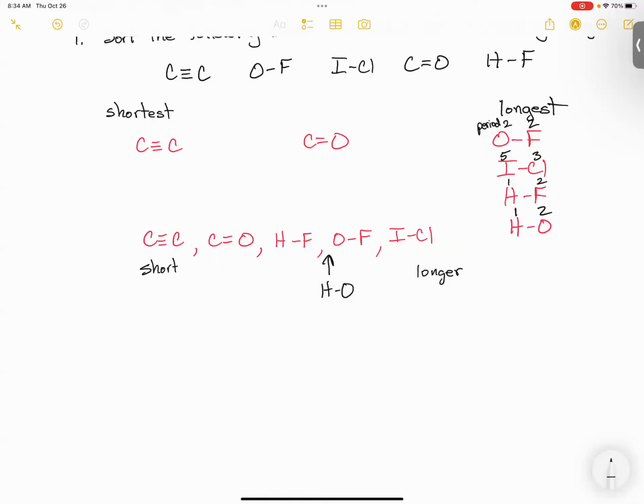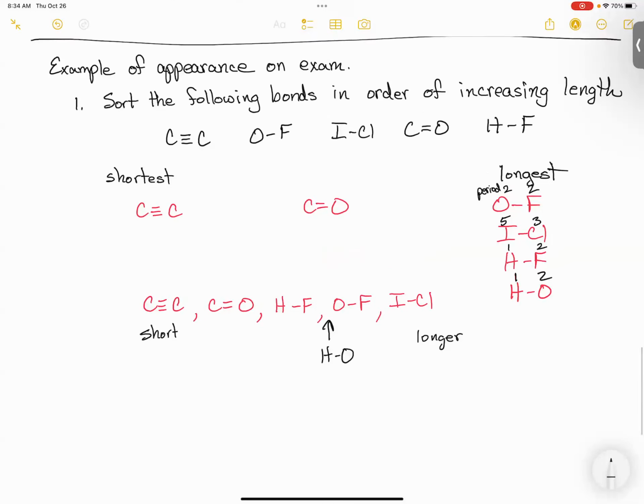Questions? Did that answer your question from previous? Yes. Now instead of length, I could have done strength. If I'd have done strength, this would have all been reversed, because it would have been from weaker to stronger. It's going to be something along these lines.